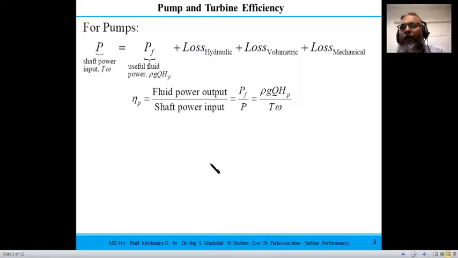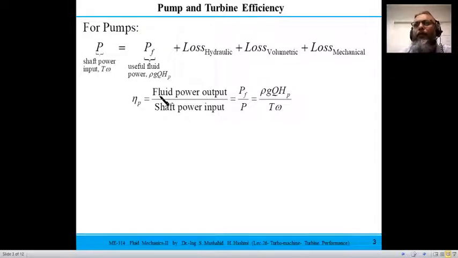So the efficiency for the pump: efficiency is always the desired output, and for that desired output, what is the required input. So whenever you write down the formula for any device, you always look not at output over input in general, but always look for the desired output.